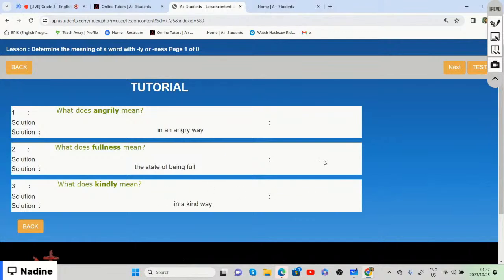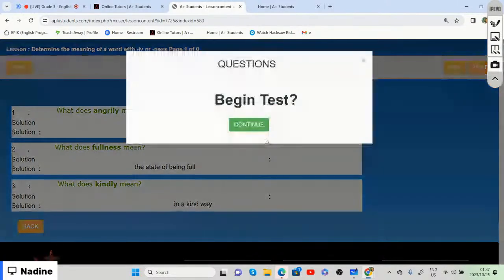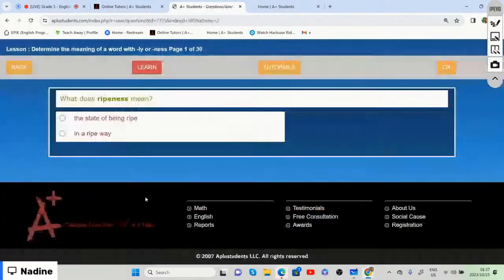All right, so now let's go to our test. Let's begin our test. What does ripeness mean? Ripeness, is it the state of being ripe or in a ripe way?